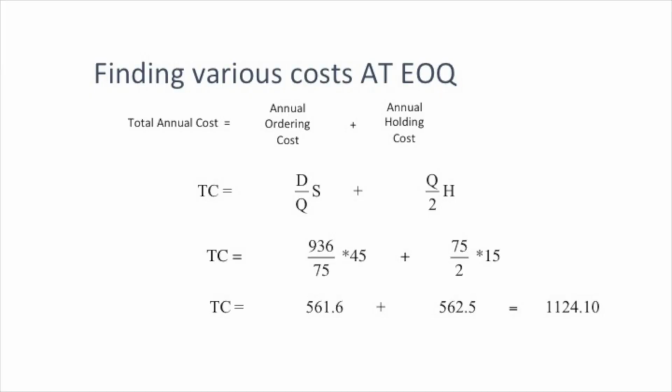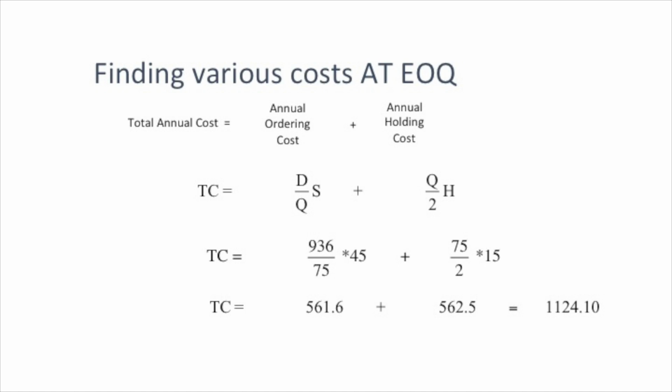So these are the various costs at EOQ. Earlier we found this cost at a trial order size of 40, but now we know that the order size of 75 is the best order size. So now I am finding these various costs at an order size of 75. So those are your annual ordering costs, those are your annual holding costs.